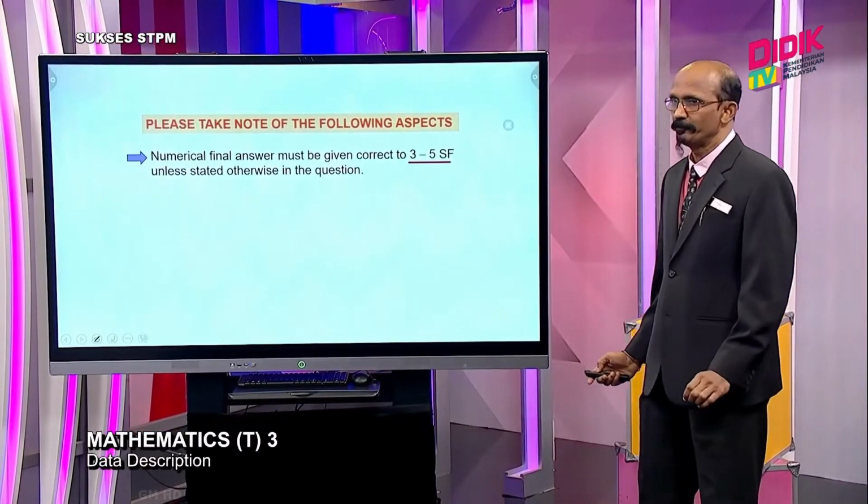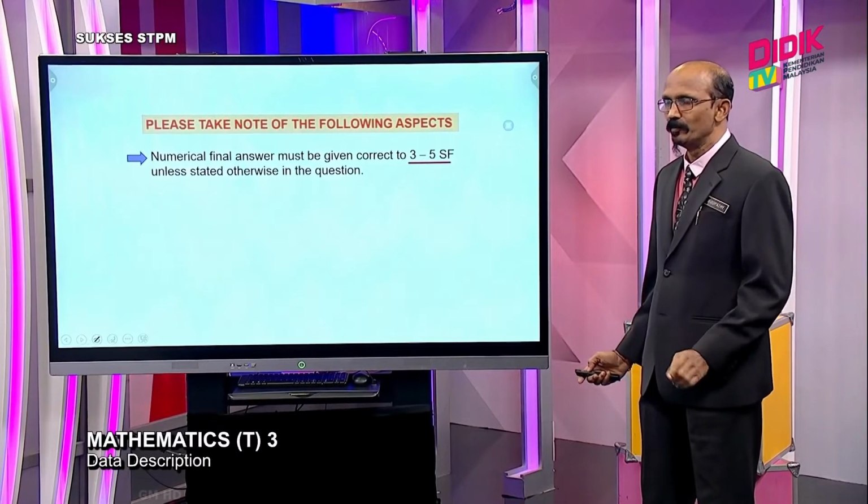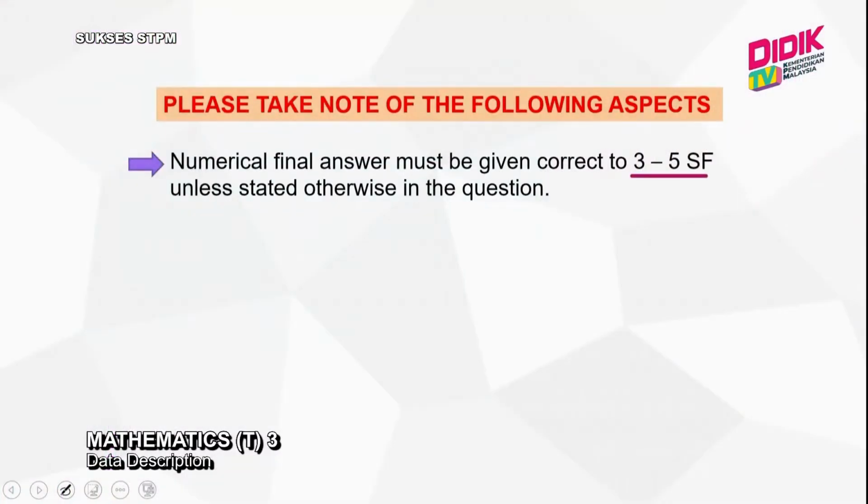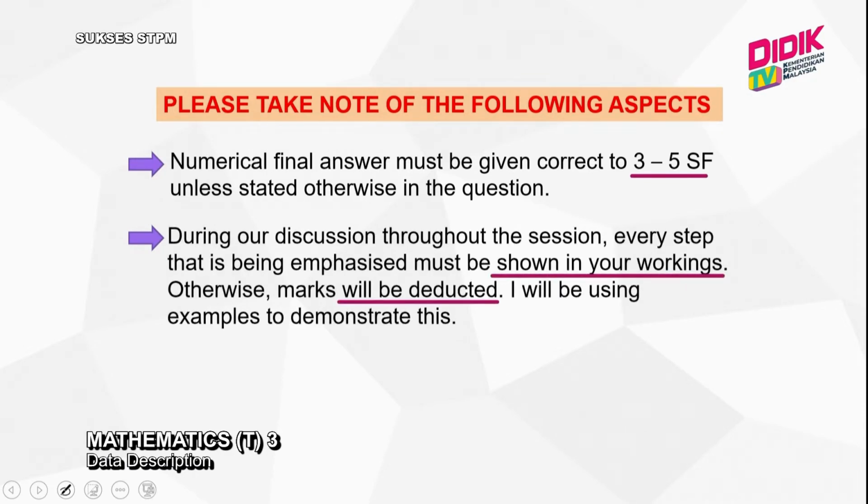So you must be very careful that anything less than 3 or more than 5 is considered wrong.